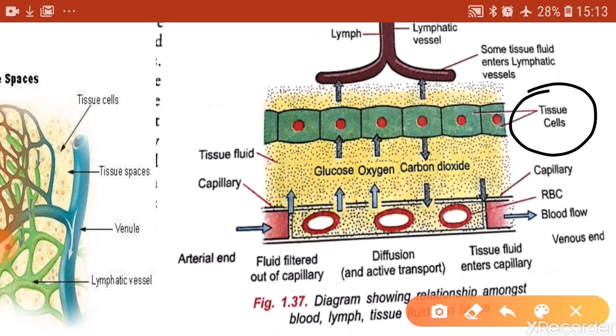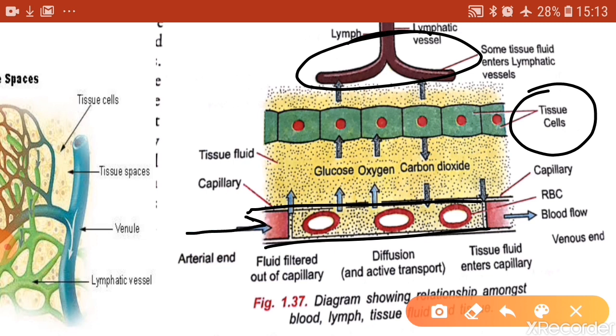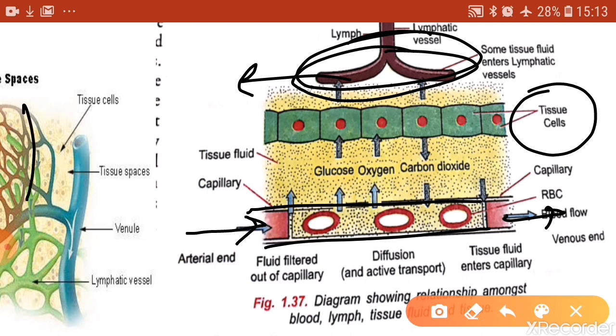And as I have just told you, where you find a blood capillary, next to it you will always find a lymph capillary. The blood capillary on one side is connected to an artery and on the other side to a vein, whereas lymph capillaries have blind endings in the tissue region, and on the other side they are connected to lymph vessels.